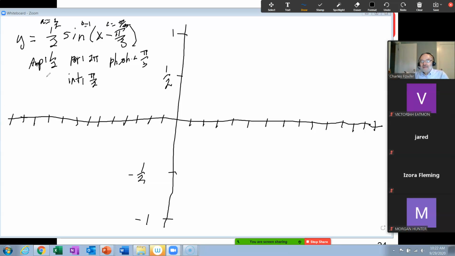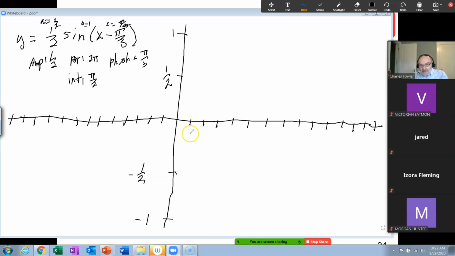Now, normally I do my interval of pi halves because it's a quarter of your period, but we have a phase shift of pi thirds, so I'm still going to use pi halves, but I have to mark them in sixths of a pi.